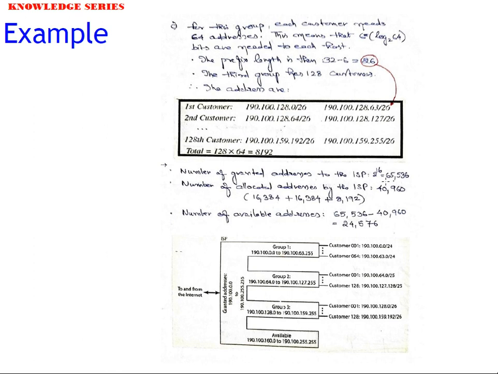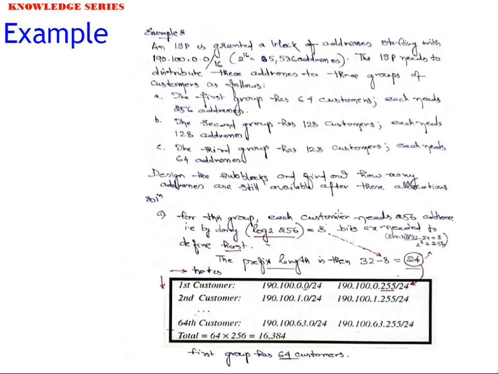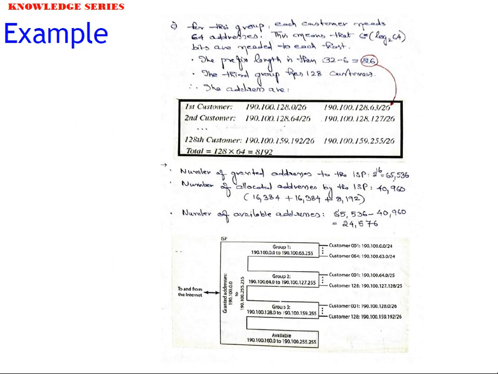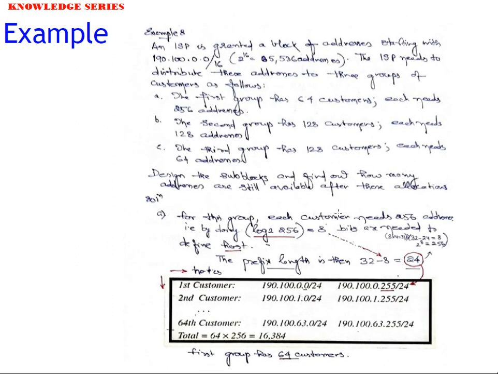So this is the total ISP address for these customers. The available addresses are what remain: this minus this is the available address in this particular scenario. Let's see this particular example.